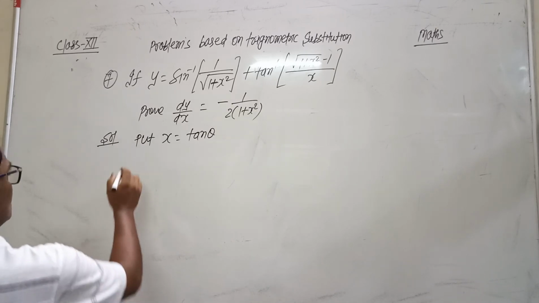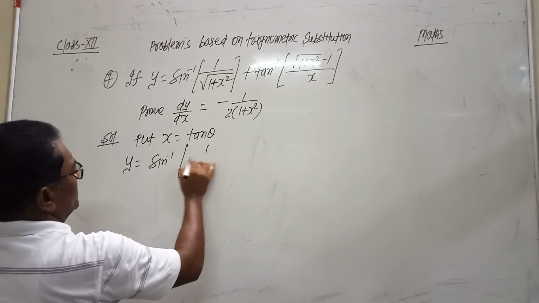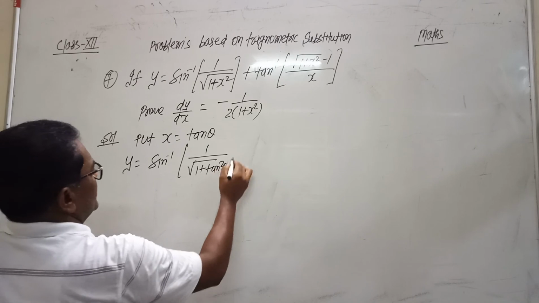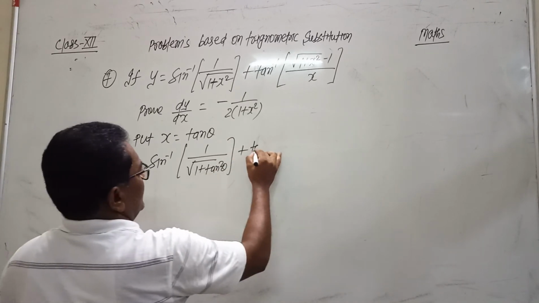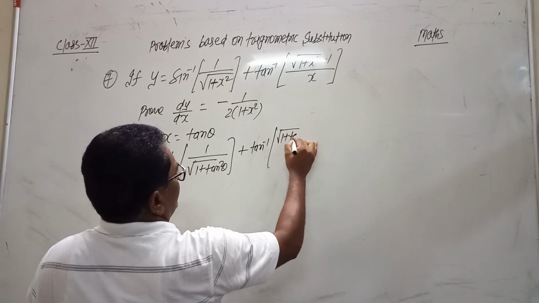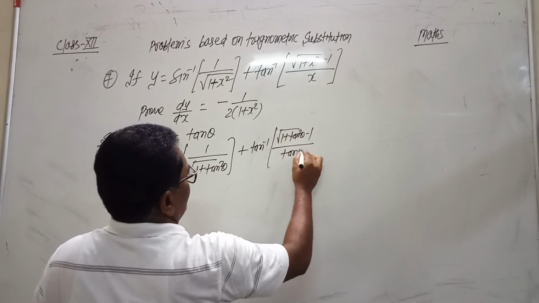So this becomes y equals sine inverse of 1 upon under root of 1 plus tan square theta, plus tan inverse of (under root of 1 plus tan square theta minus 1) upon tan theta.